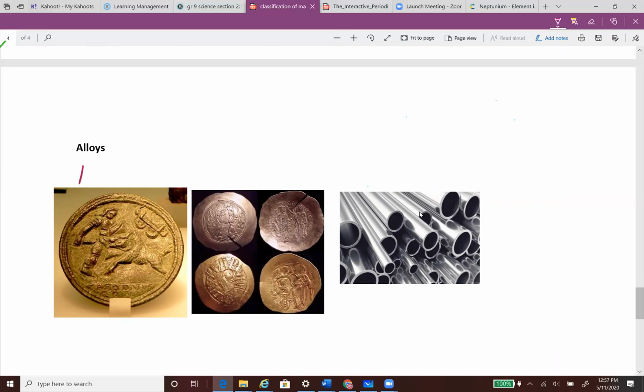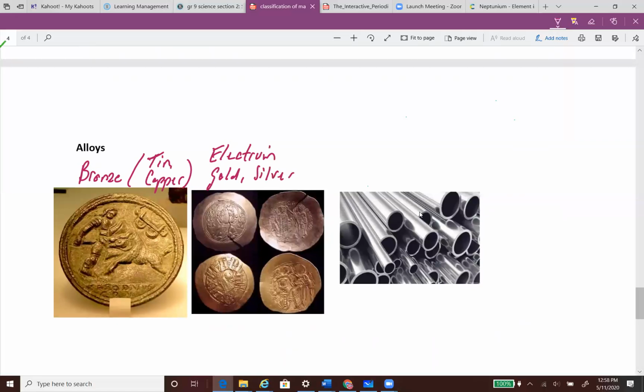So this is bronze. If you're a history buff, you might have heard of the Bronze Age. Bronze is a combination of tin and copper, so it's a solution of tin and copper. This is something called electrum, and this is a combination of gold and silver.